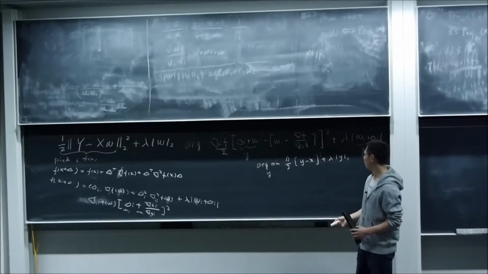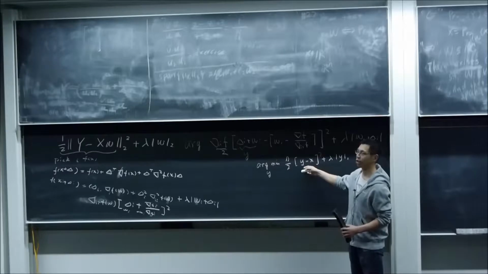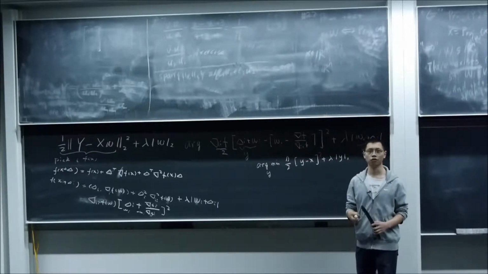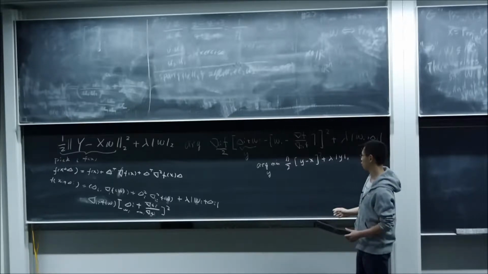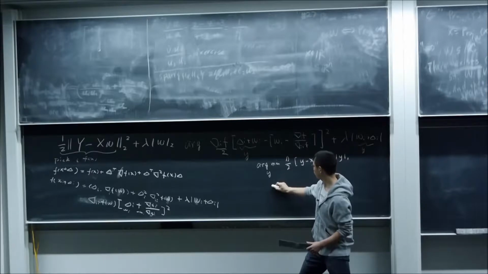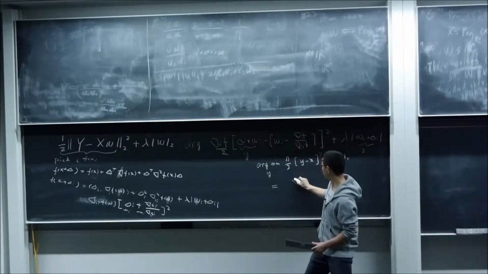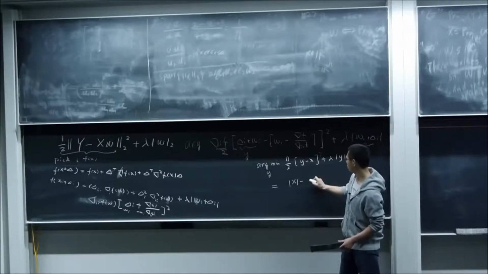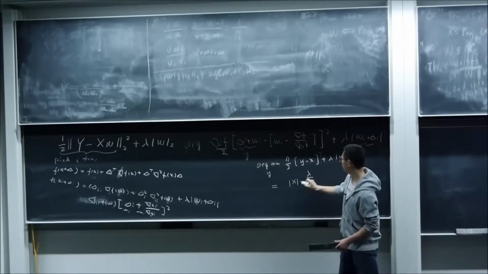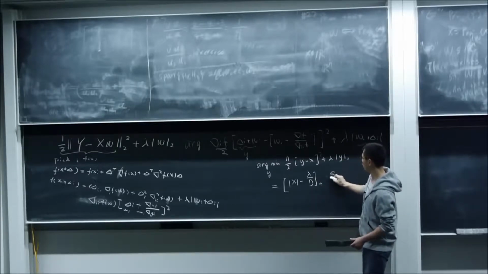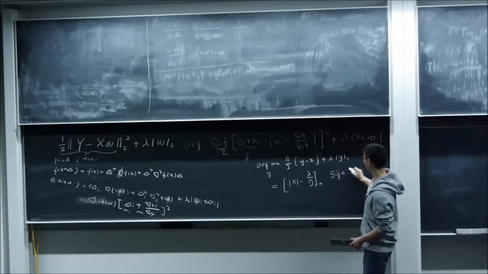This is the quadratic term, and this is a non-smooth term. Fortunately, you have a closed form solution called soft shrinkage. The closed form solution equals the positive part of the absolute value of x minus eta delta, times the sign of x.